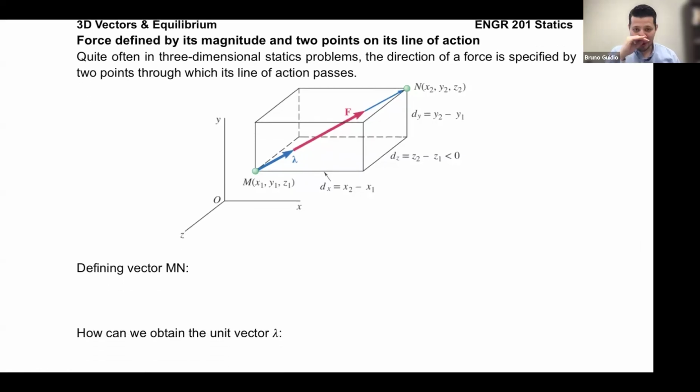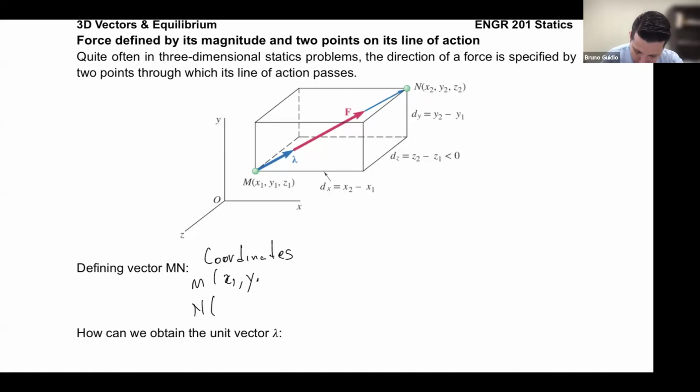So let's take a look at this problem here. We have 2 points, the point M and the point N. Point M, the coordinates are x1, y1, z1, and N are x2, y2, z2. So let me write this so we can visualize the coordinates of those points.